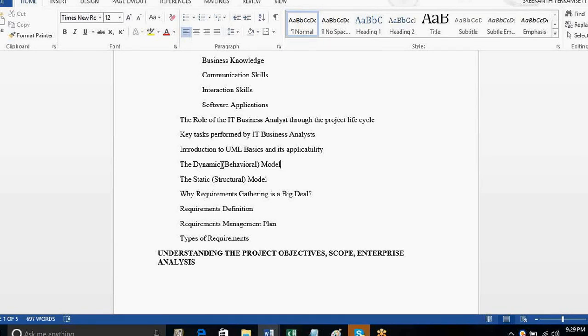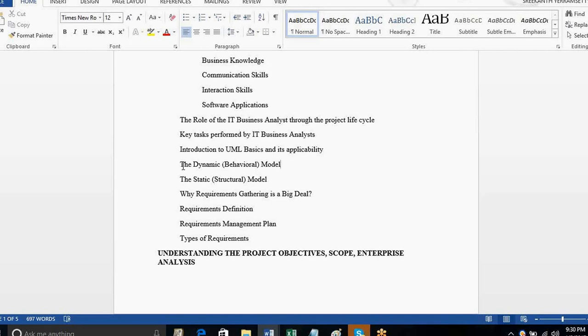You're talking about a future perspective for the behavioral model. Whereas in a static or structural model, you're talking about the as-is current scenario. What does it take to build this ATM system, or the application? That's what you're capturing in your structural model.